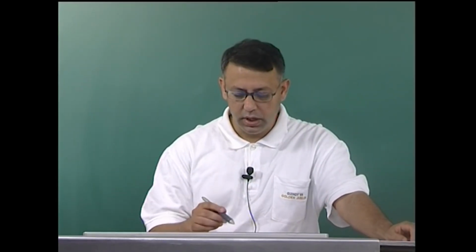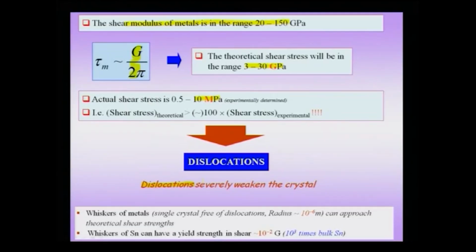This implies that something at the heart of it is weakening the crystals, and this is dislocations. This also implies that suppose I make a crystal which is completely free of dislocations, and this has been done in small cylindrical specimens known as whiskers, whose radius is in the micron scale. Then it has been observed that you can approach the theoretical shear strengths.